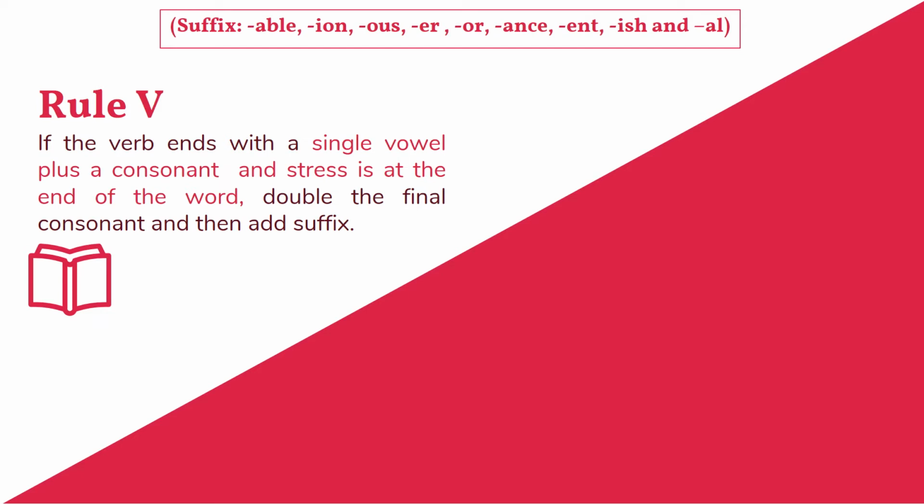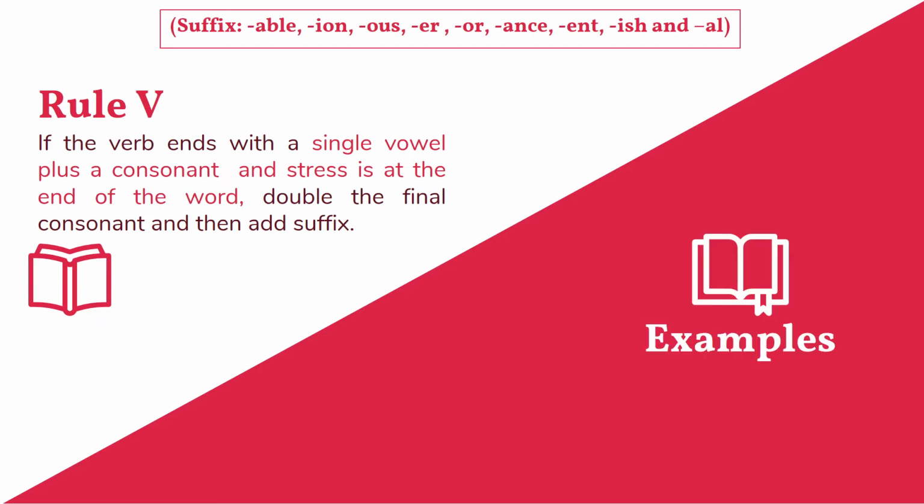So this can be a little confusing. Let's see this one by one with the example. Begin, beginner. So you can see here at the end there is a consonant N, there is a single vowel I before N. So the first two conditions are met, that it's a single vowel plus a consonant.